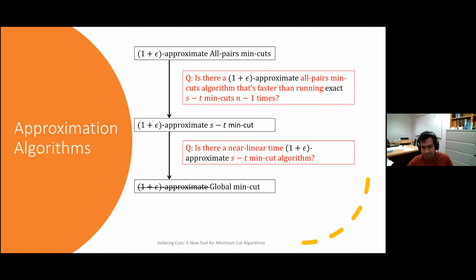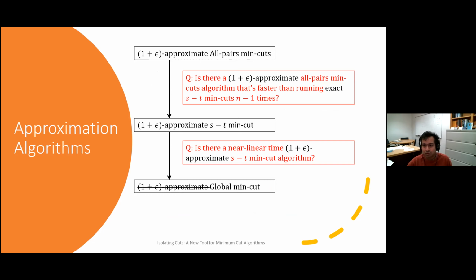But let's take a slight digression and think of approximation algorithms. So suppose we ask exactly the same question, but now allow a 1 plus epsilon approximation. Now, the first thing to note, of course, is that global min-cuts don't really require this, because we can solve the problem exactly in near linear time, so we don't care about approximations. But the other problems might.